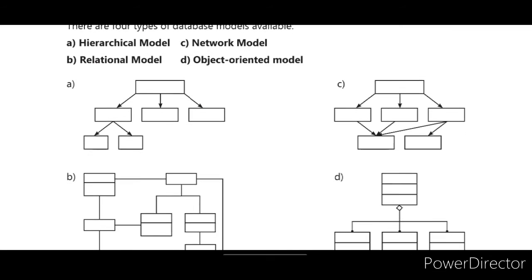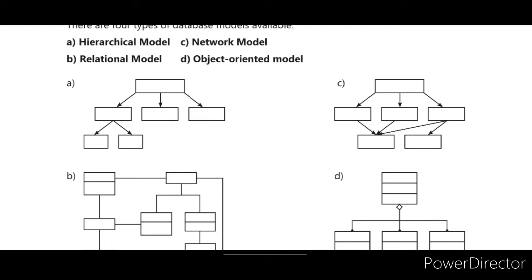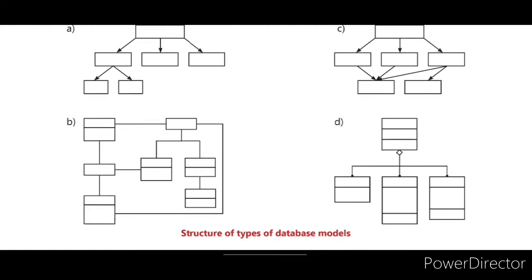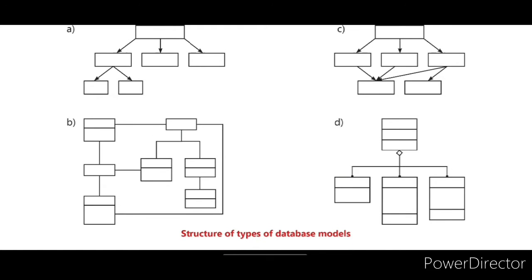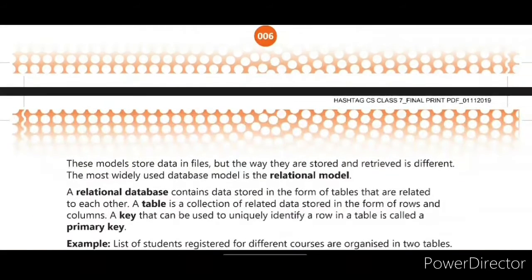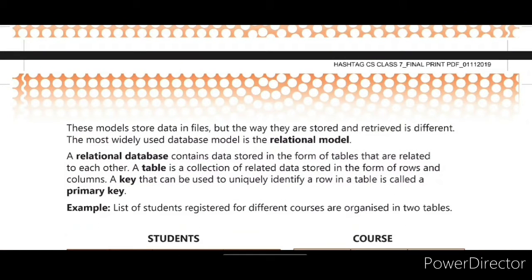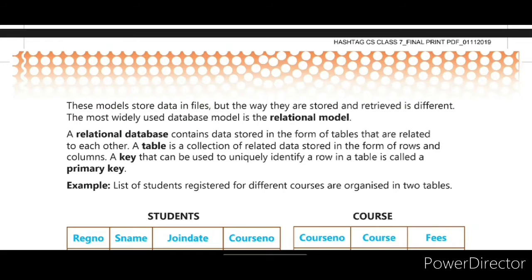The four types of database models are hierarchical model, relational model, network model and object oriented model. See these diagrams, these are the structures of the four types of database models. Next we have seen what is a relational model. A relational database contains data stored in the form of tables that are related to each other. That is why we call it a relational database.